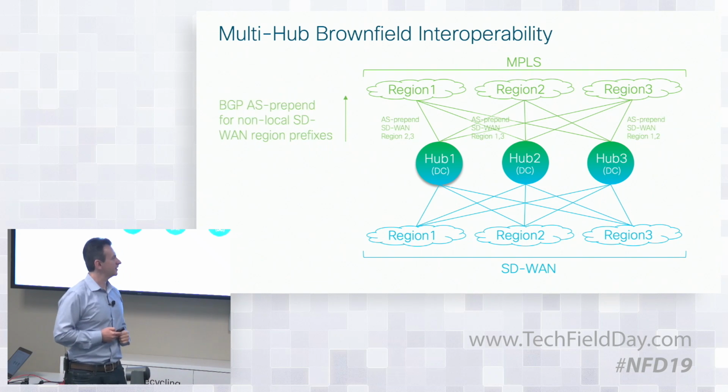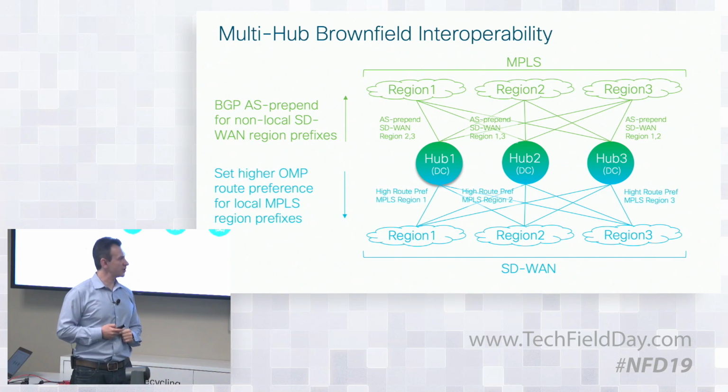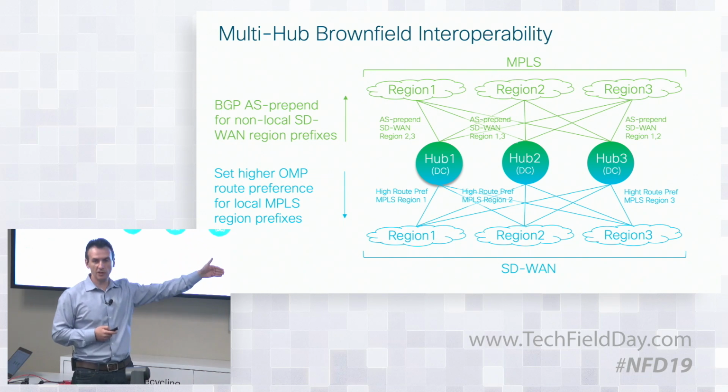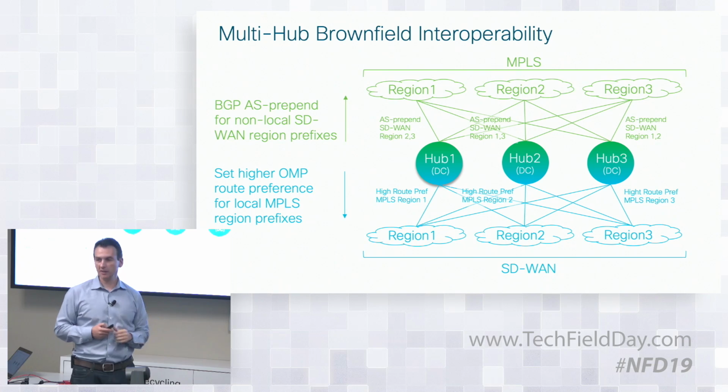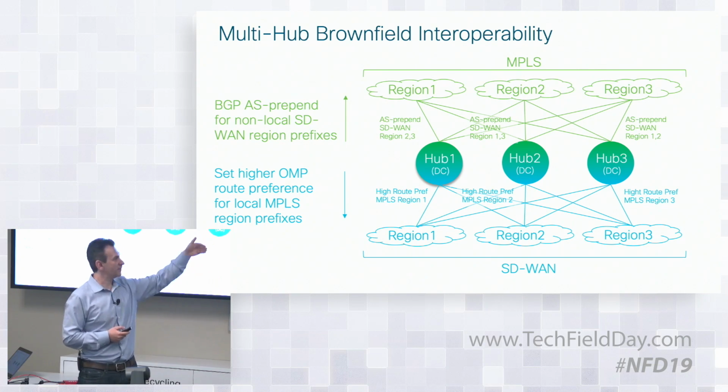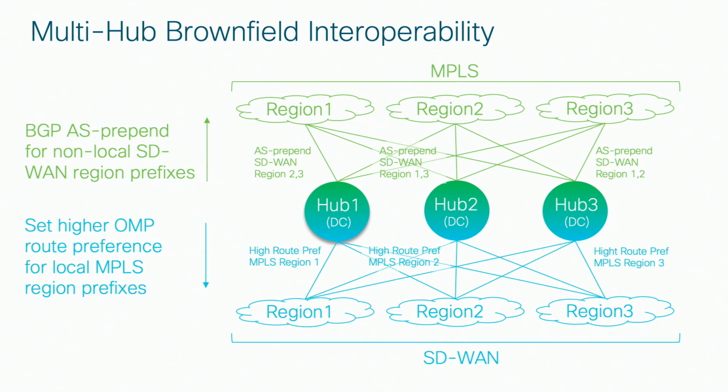And again, routing tricks to make sure that we attract the traffic from a specific region into the local hub symmetrically from both SD-WAN and the MPLS. Again, it's a little bit of a more involved design, but it comes down to just basically routing interaction between an overlay and underlay.